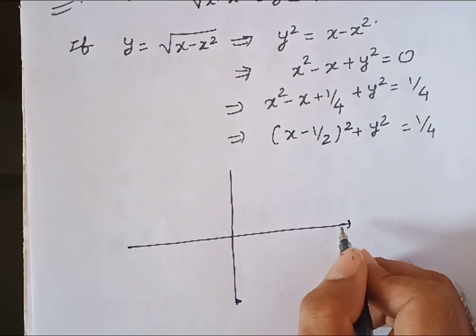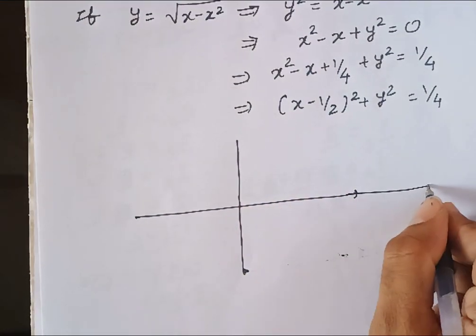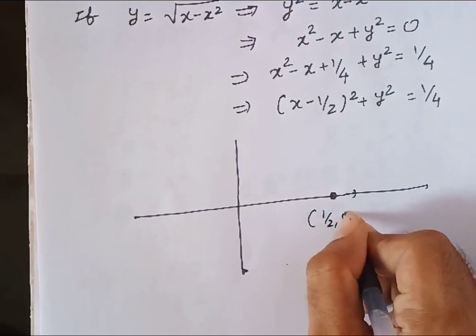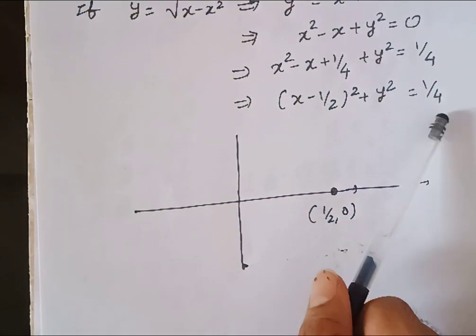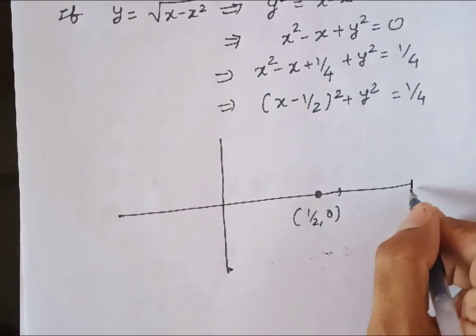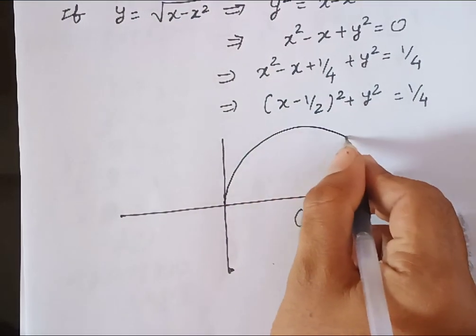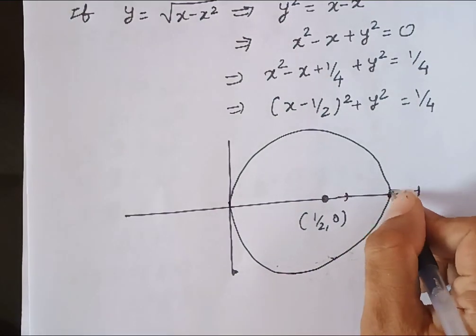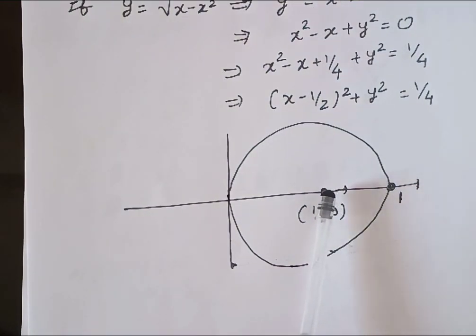So we have something like this circle with center at (half, 0), and the radius is also half. That means if I draw this circle, I should get something like this, where this length should be equal to 1, half plus half.